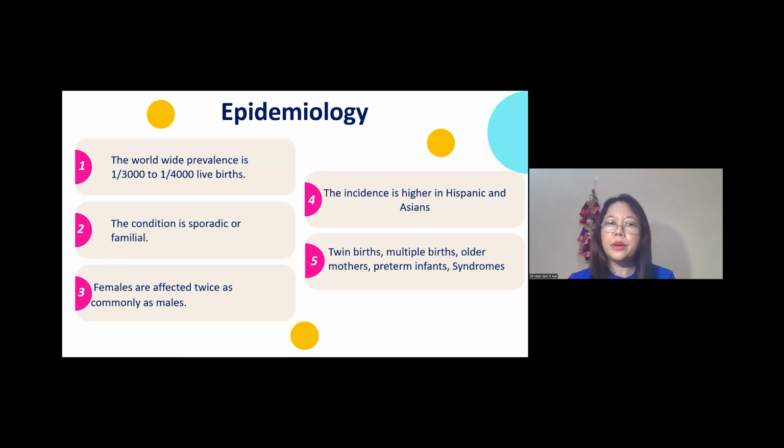The condition is sporadic or familial. Females are affected twice as commonly as males, and the incidence is higher in Hispanics and Asians, and also in twin births, multiple births, preterm infants, and certain syndromes like Down syndrome, Turner syndrome, Williams syndrome, and Pendred syndrome, etc.